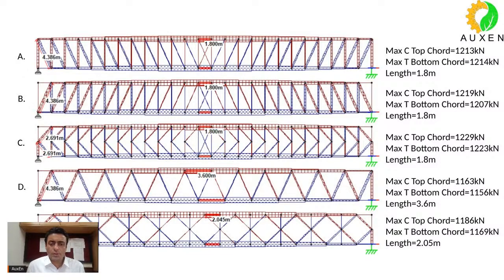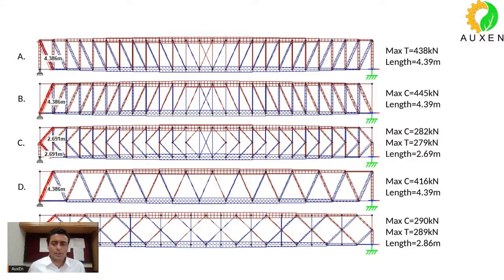So even though the forces are same, because of different lengths of the member, their capacities will be different, and therefore the utilization ratio will be different. I hope you are getting this point. So that way, this Warren truss seems to be quite poor because it has the largest length of 3.6 meters. You get it? So Warren truss does not seem to be quite good in this case.